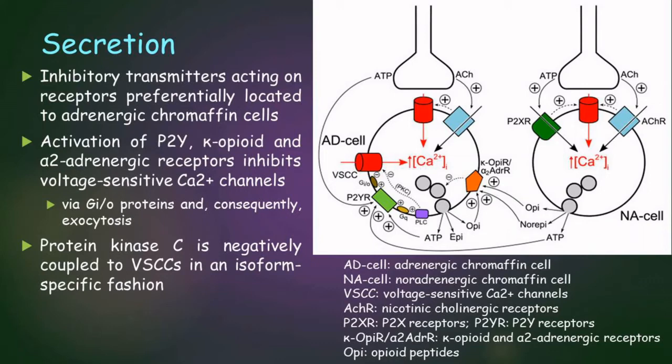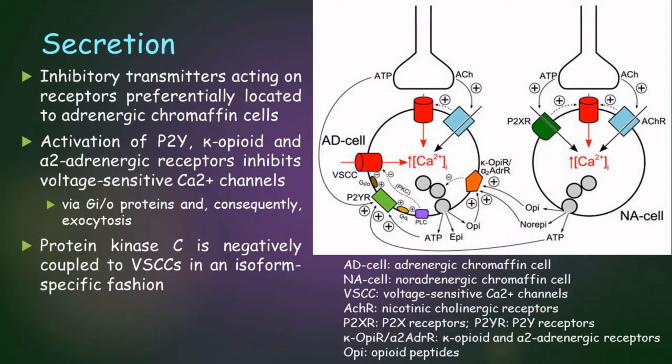The P2YR and the G protein coupled receptors are activated by the presence of ATP, and the ATP can be from the neurons, or from the noradrenergic cells, or from the cell itself.